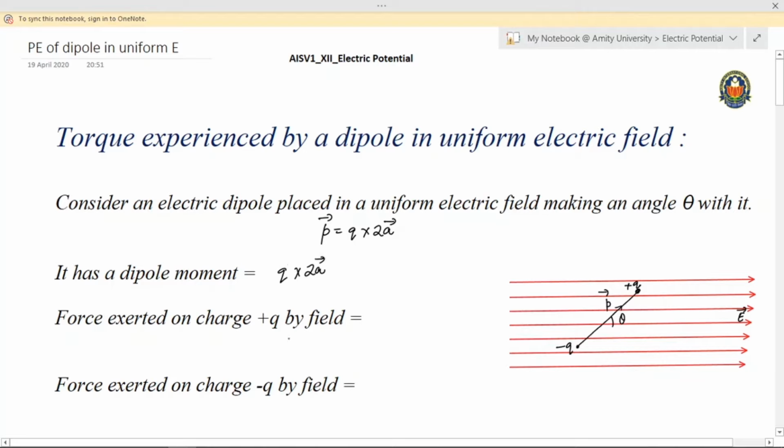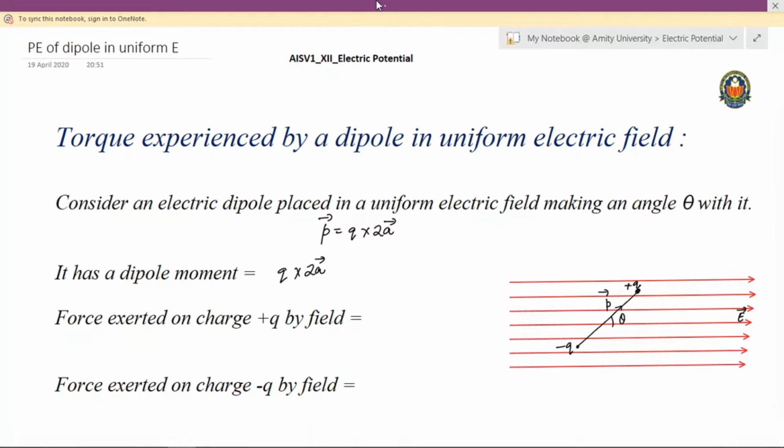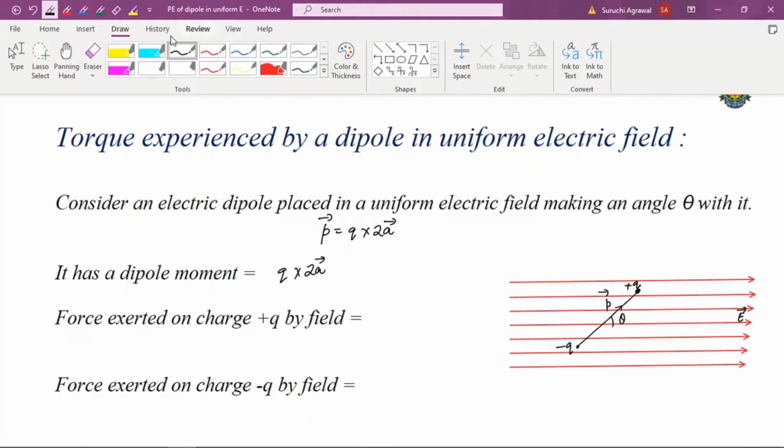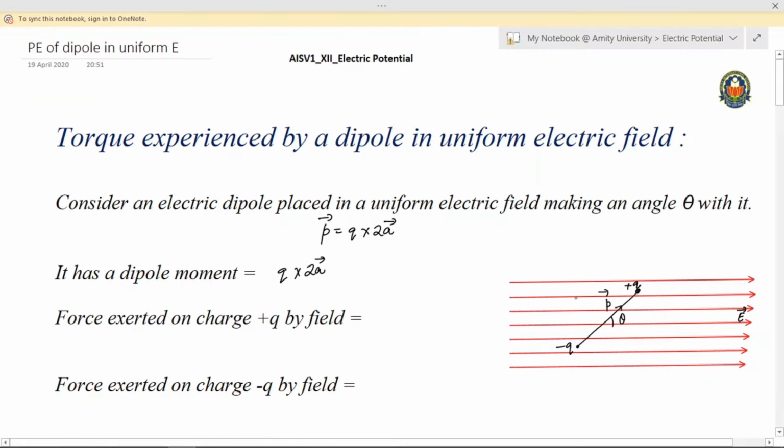Now, if we talk about the charges individually, plus Q and minus Q, both the charges are placed in an electric field, so they must experience a force. As we know, whenever a charge is placed in an electric field, it experiences a force. If the charge is positive, then the force is along the direction of the field.